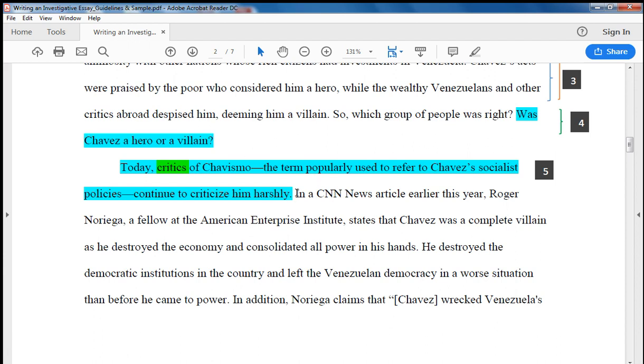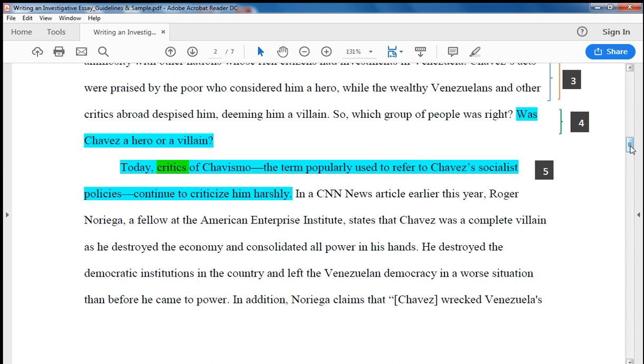And so this topic sentence reads: "Today, critics of Chavismo, the term popularly used to refer to Chavez's socialist policies, continue to criticize him harshly." And so the word critics here, strategically located in her first topic sentence, indicates that she's going to be discussing the critics, or the opinions of the critics in this debate.